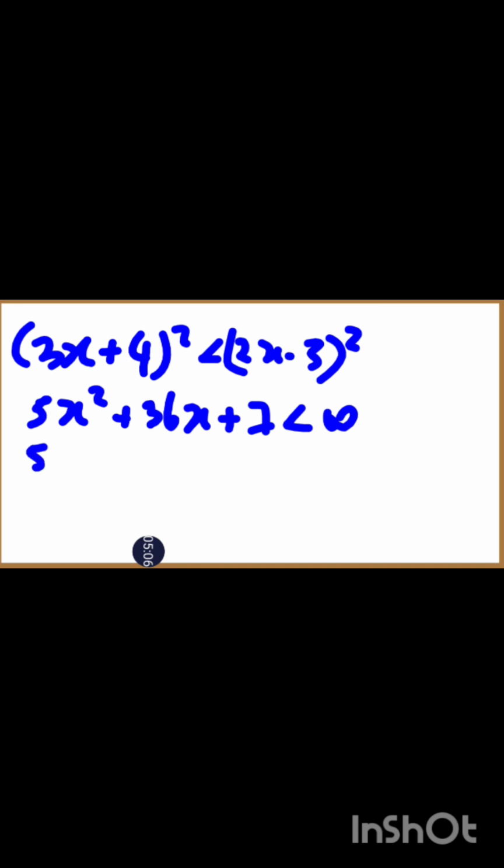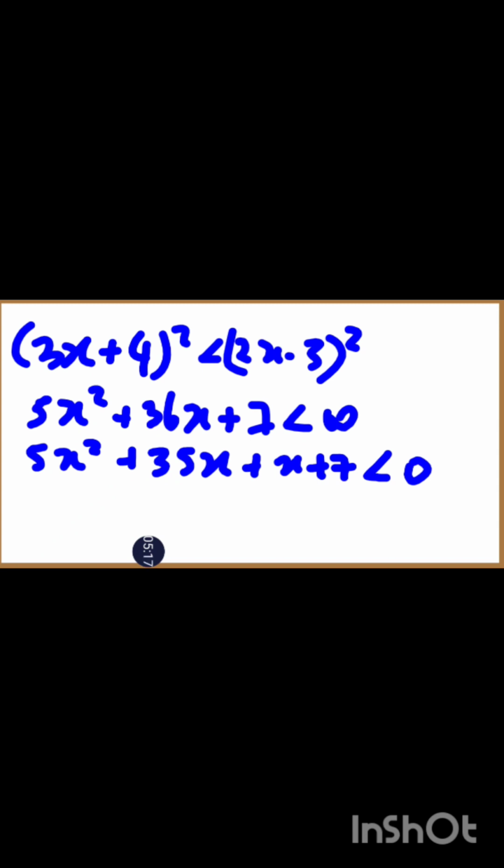When you square and collect like terms, you are going to have 5x squared plus 36x plus 7 less than 0, which we factorize. 5 times 7 is 35. So we are going to have 5x squared plus 35x plus x plus 7 less than 0.